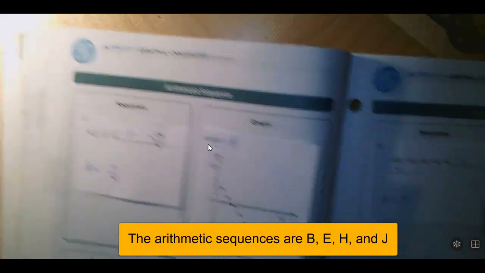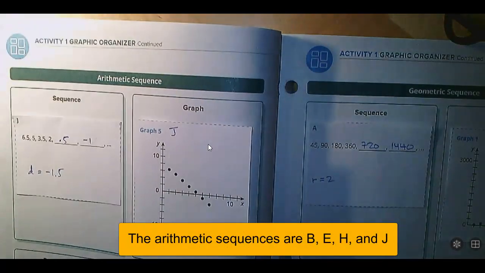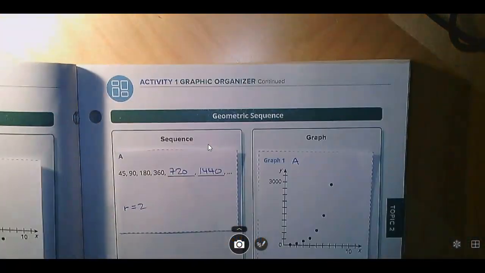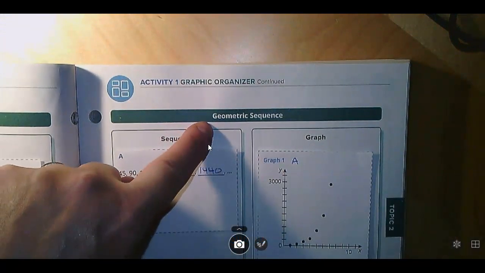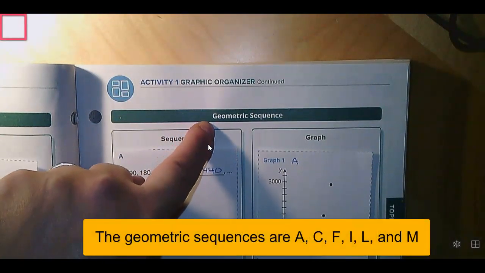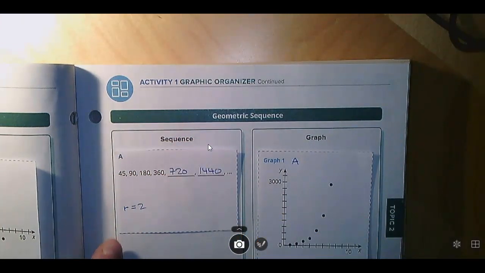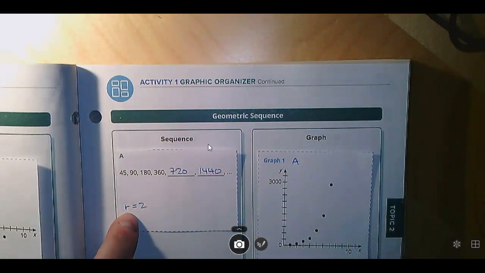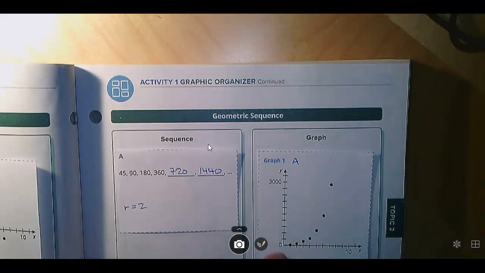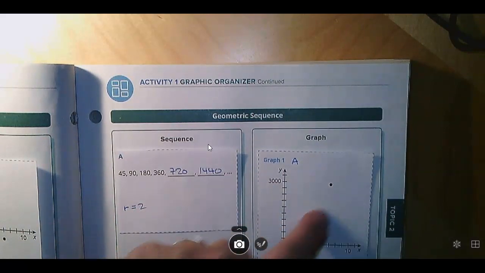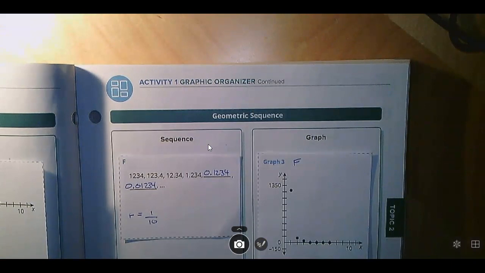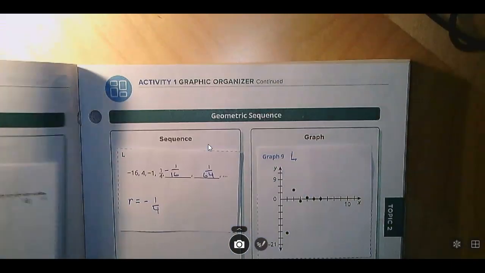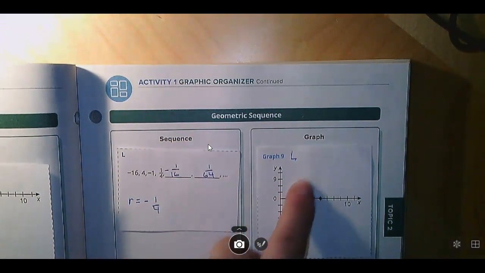Now, on other pages, you'll see that it says geometric. If it says geometric, all of these graphs will have R values or common ratios. They change by multiplication. And the graphs will either look like curves, or they'll be those graphs that go up and down.